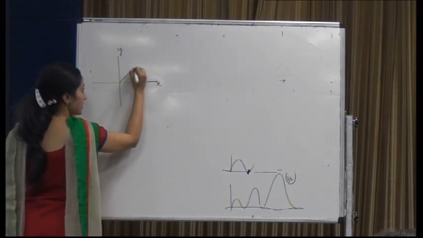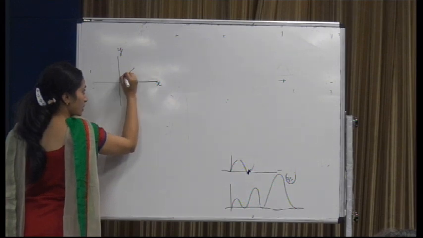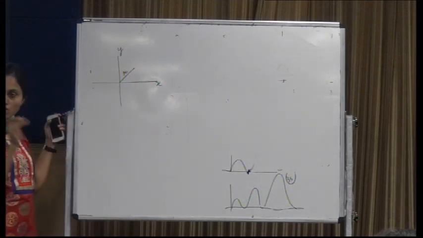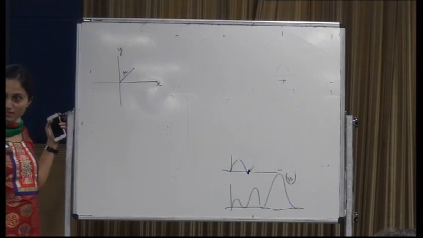Say the distance of my electron from the nucleus defines your R. So this is some kind of distance. So it talks about the radial part of it.